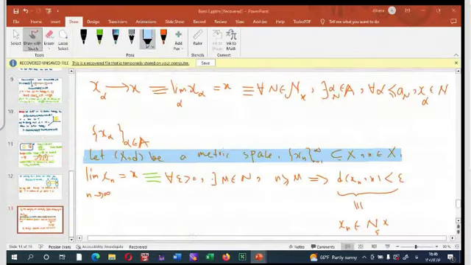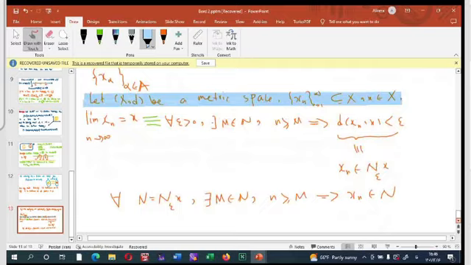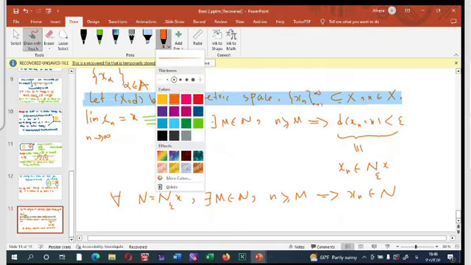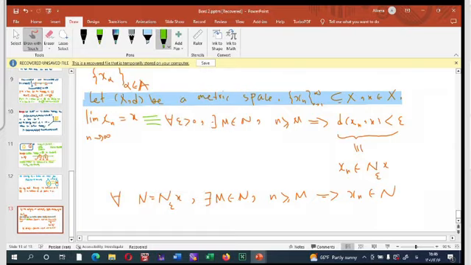In any topological space, if we consider S as a subset of X, X is a topological space, not a metric space. Topological spaces are a generalization of metric spaces.